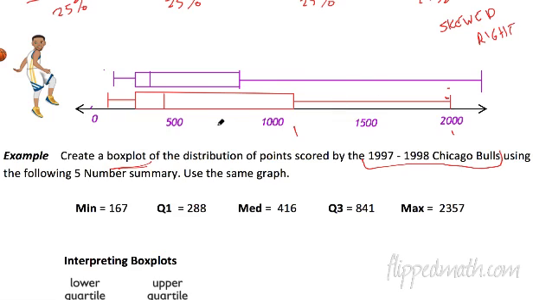All right, now, who scores more points on average? Which team has players that score more points? That's the reason why we're making box plots, so we can look at them and compare them to each other. Well, as I'm looking at it, I notice that Golden State Warriors have a higher median, which means in general their players score more than the Chicago Bulls did.